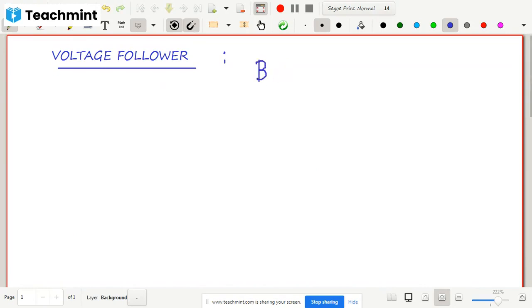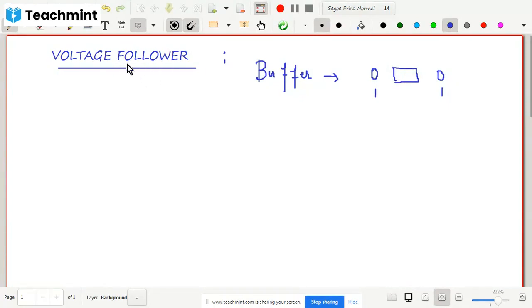So you know what a buffer is. Suppose you give a 0 at the input of a buffer, then you will get a 0 at the output. Or you give a 1 at the input, you will get a 1 at the output. It is a kind of follower, which we will call this in analog electronics.